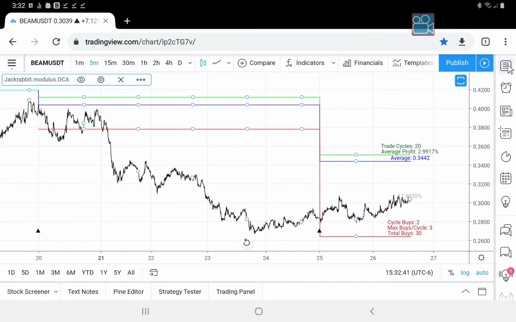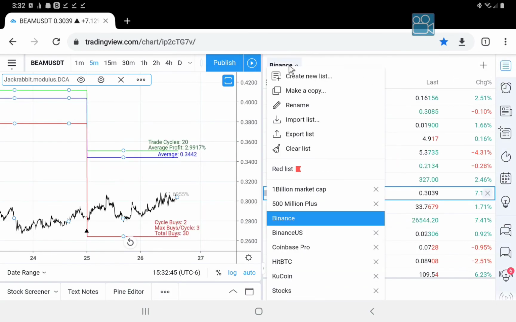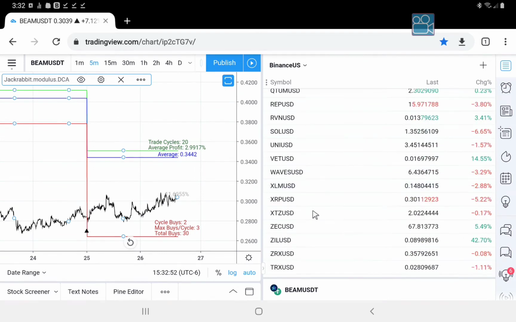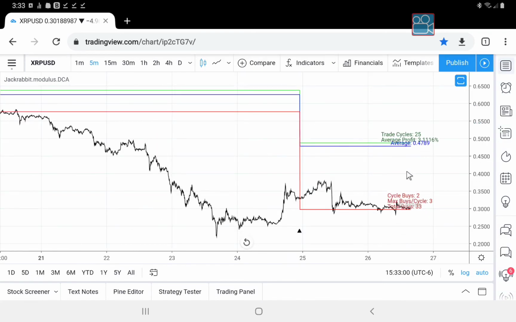XRP comes to mind right now, as it has taken a rather brutal beating with the SEC allegations. Now, I will probably cover that in some future point in terms of what I think about that, but for now, I'm just going to continue with the technical analysis aspect here.